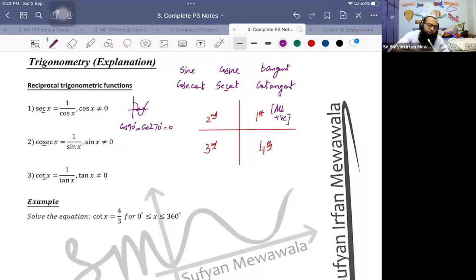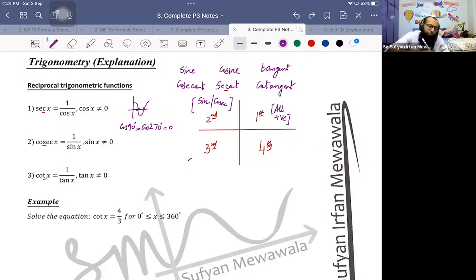In second quadrant, we know only sine is positive. So sine is positive and the reciprocal of sine will also be positive. So now we are going to say sine as well as cosec will be positive.